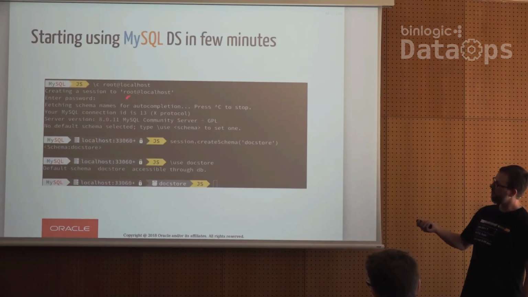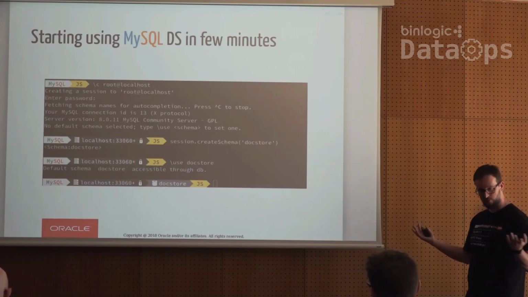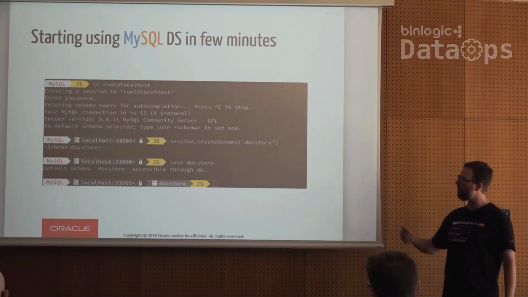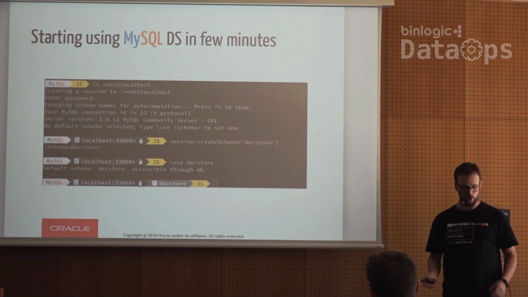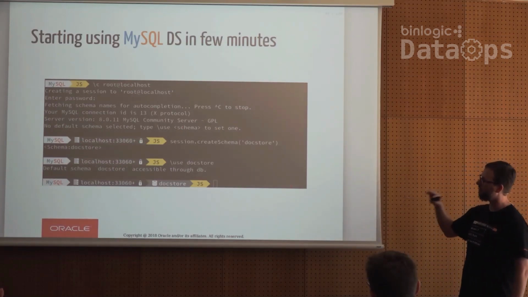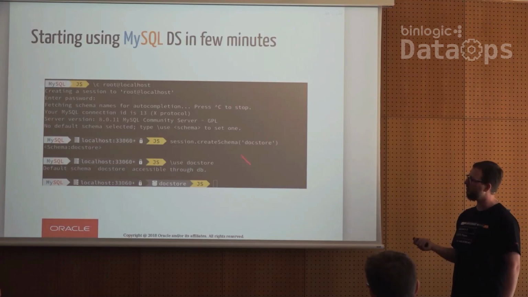So we are connected, and we create a schema in our session. The schema is called docstore, we use it, and it's there. So you have the document store there. You can use any name for a schema, of course, but this is how to do it. There is nothing special to do, nothing to change, just connect to it, and you connect on the X protocol.